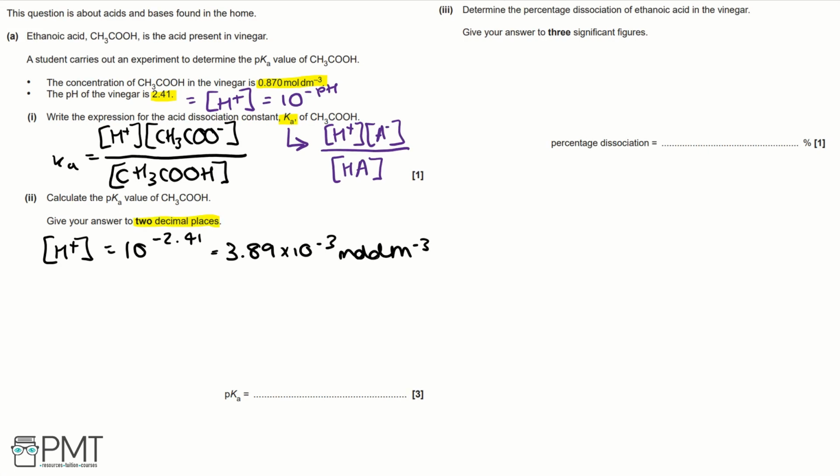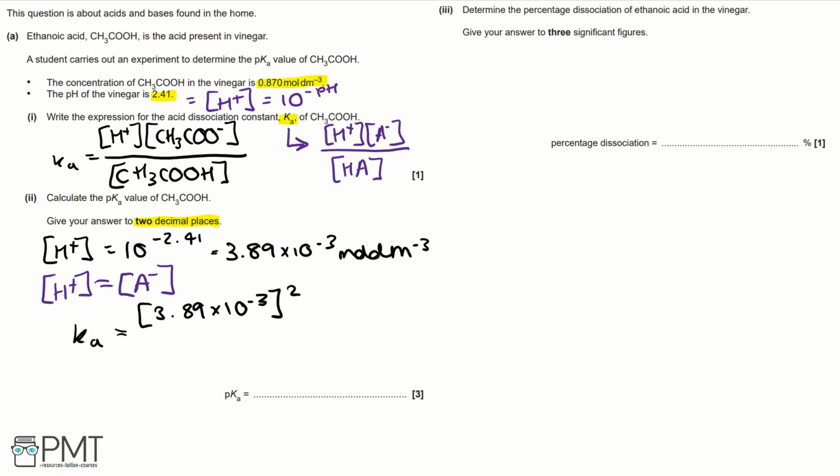First, we need to make the assumption that the concentration of H+ equals the concentration of A-, because all H+ ions must come from the acid. Therefore, when we plug into the equation for Ka, we have Ka equals 3.89 times 10 to the negative 3, brackets squared, because H+ equals A-, so we're multiplying the same concentration twice.